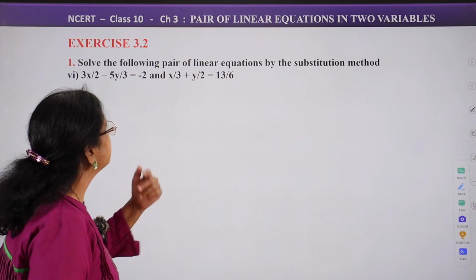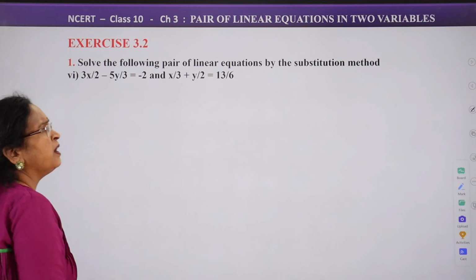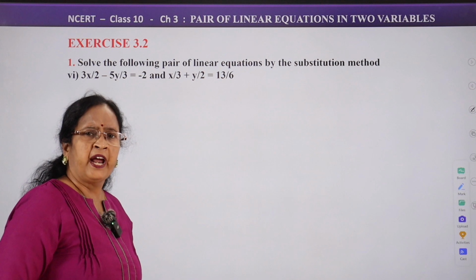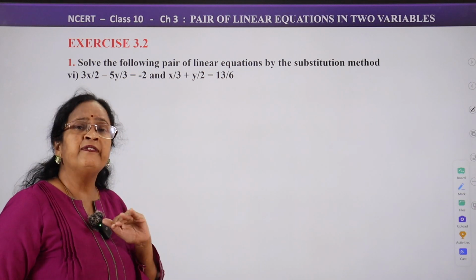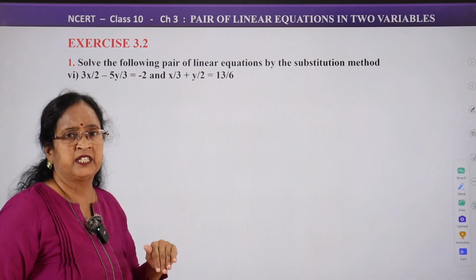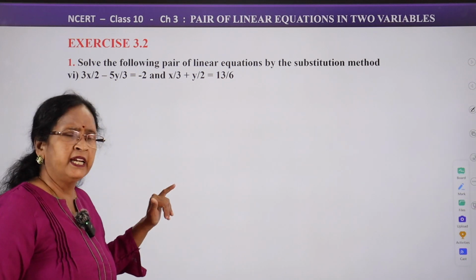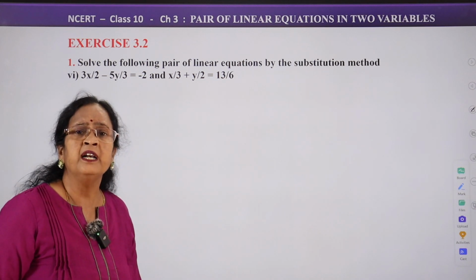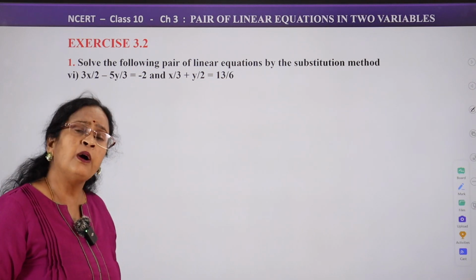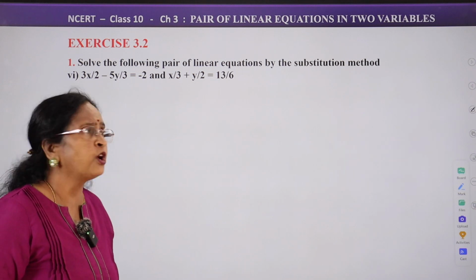Now till now we were doing linear equations. This is also linear, but the coefficients are fractions. Let us see how it is done with fractions.